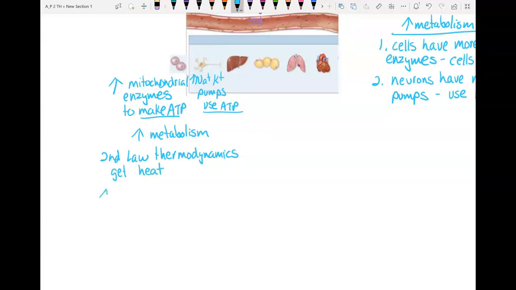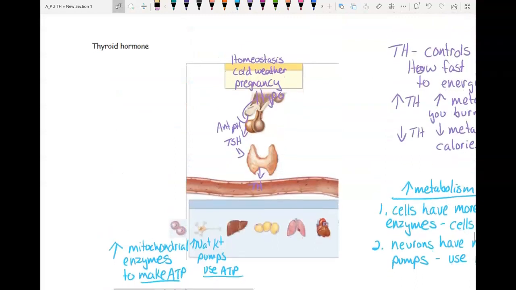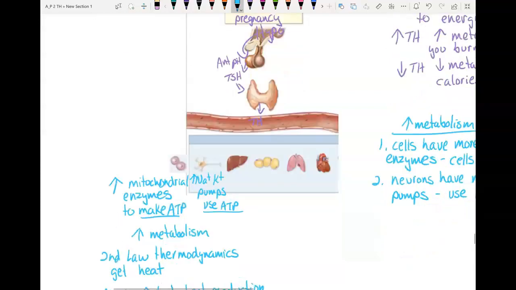So the more thyroid hormone you have, the more body heat you make. This is why cold weather is a stimulus for increasing your thyroid hormone, because thyroid hormone makes you produce more body heat and keeps you warm in cold weather.